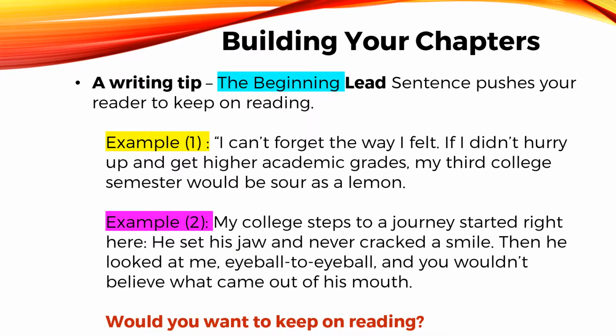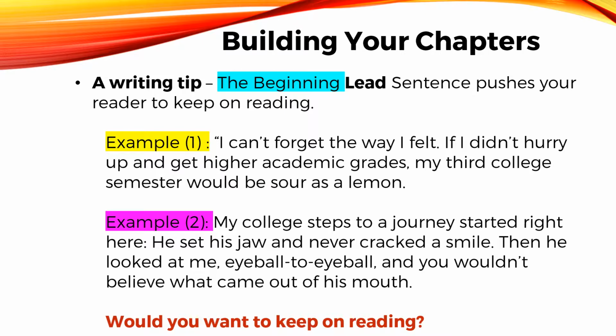Now, in the last video, step 6, we looked at the working book title. In this video, step 7, let me start by giving you a good writing tip. This tip will apply to each one of your chapters. Be sure that you include a captivating or popping lead sentence.